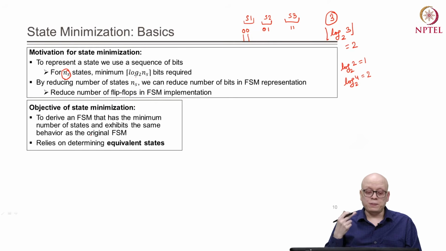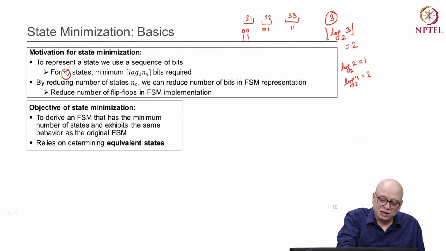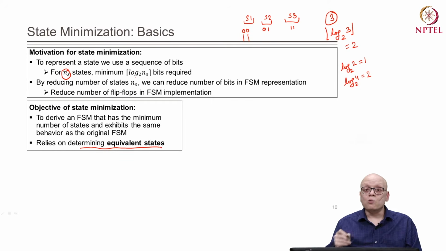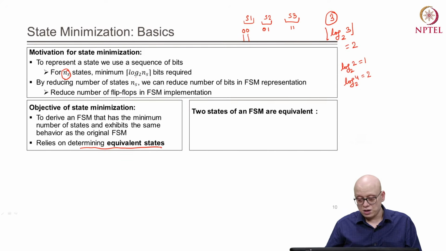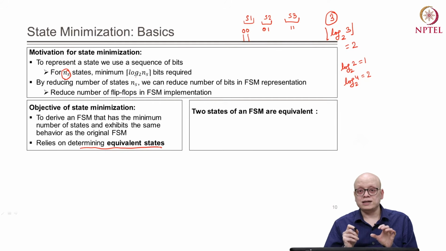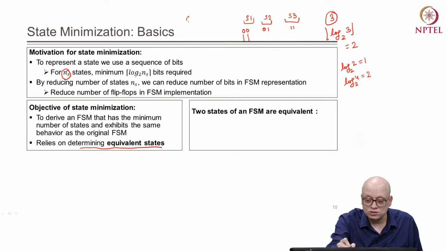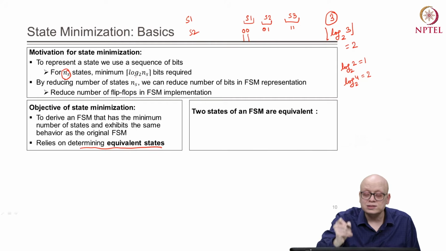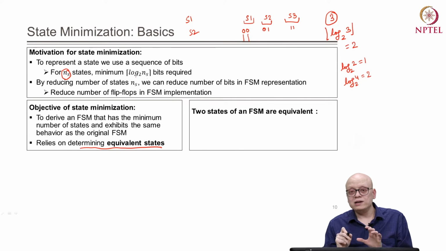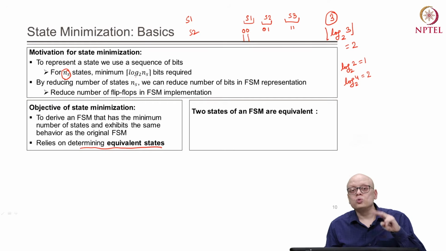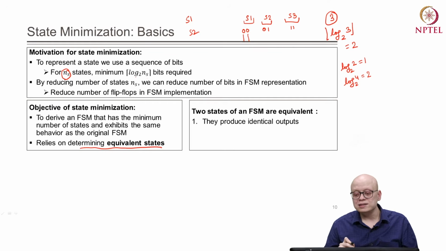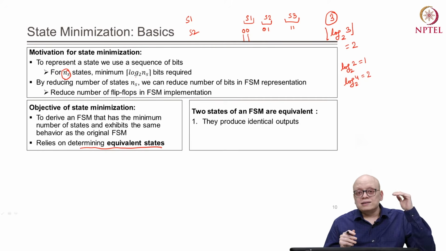To do state minimization, we rely on determining equivalent states. Now, what is an equivalent state? Suppose there are two states S1 and S2. We consider them to be equivalent if two conditions are fulfilled. The first is that they produce identical outputs for the same inputs.